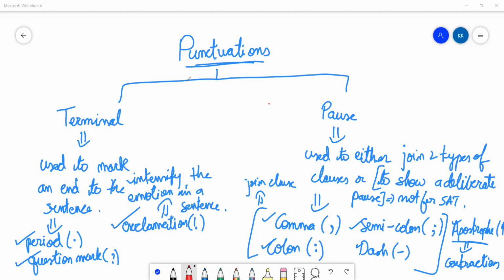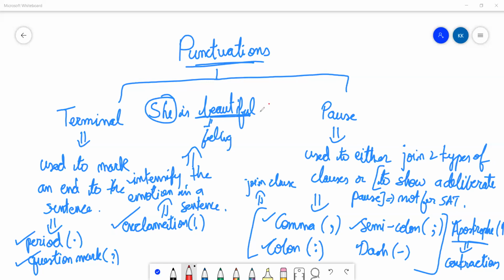None of you got a doubt, ma'am. What are we talking about? Intensifying the emotion in a sentence. What does emotion in a sentence mean? None of you got that doubt? Emotion in a sentence basically means, for example, if I have to say she is beautiful, okay, this is the adjective that I'm using for this noun, which is a feeling, right?